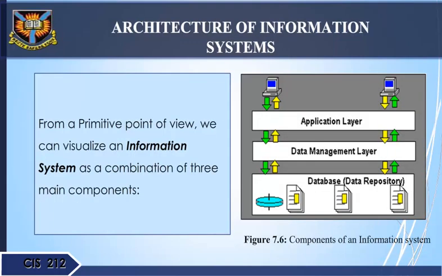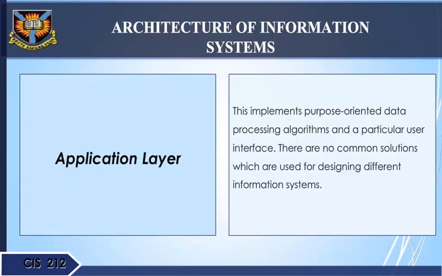Architecture of information systems. From a primitive point of view, we can visualize an information system as a combination of three main components: application layer, data management layer, and database, the data repository. Application layer. This implements purpose-oriented data processing algorithms and a particular user interface.